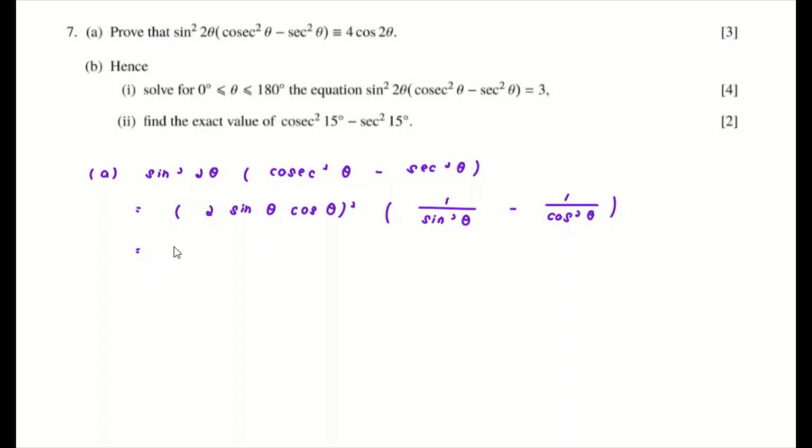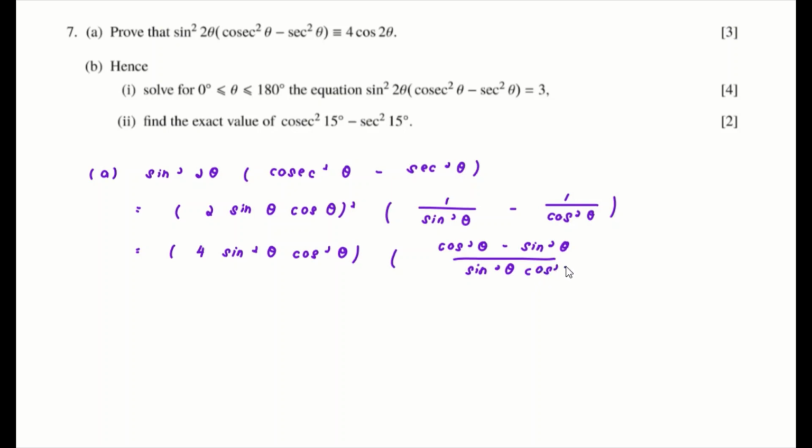So in this case, for the first part here, we have 4 sine square theta and then cos square theta. When we try to combine these two, the first one we need to multiply cos square theta, the second one multiply sine square theta, then we can get cos square theta minus sine square theta, over the whole thing, sine square theta cos square theta.